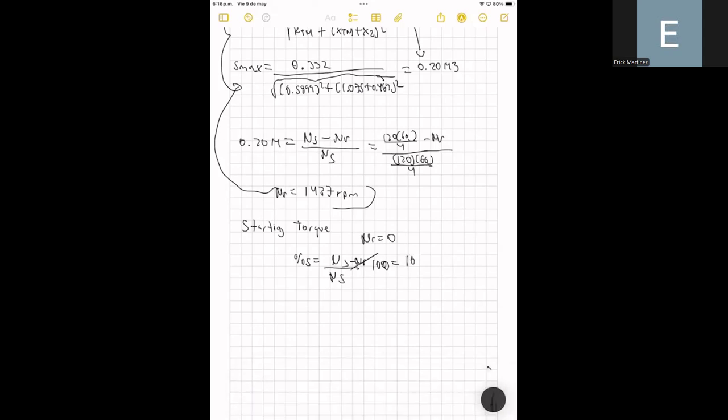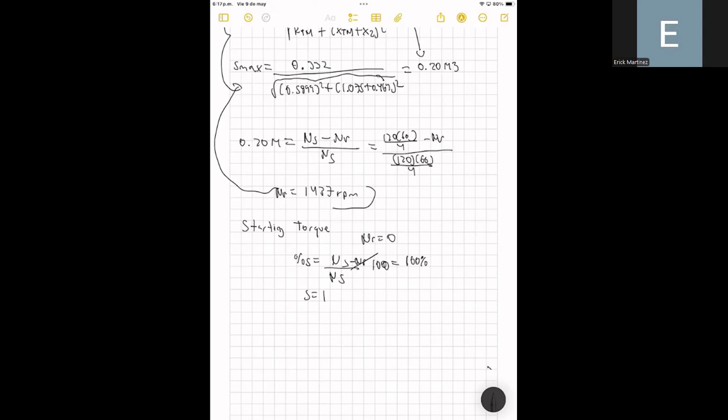The percentage of the slip should be 100, and that basically means that the slip is equal to 1. So for the starting torque, this means that the starting torque is related with a slip of 1.